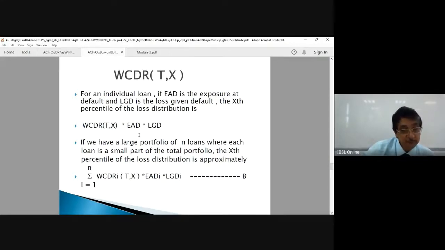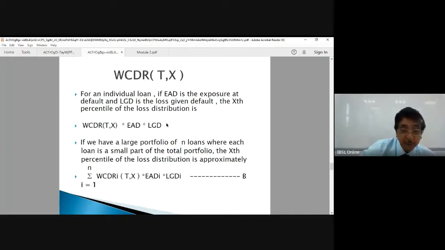But the issue is, we can calculate the expected loss. If you calculate the expected loss of an individual loan, and you want the total portfolio's expected loss, then what are we going to do?